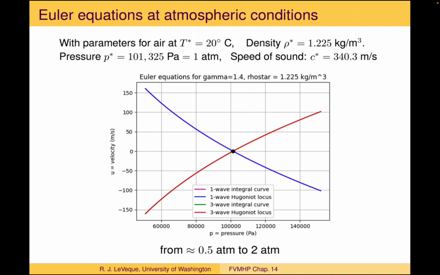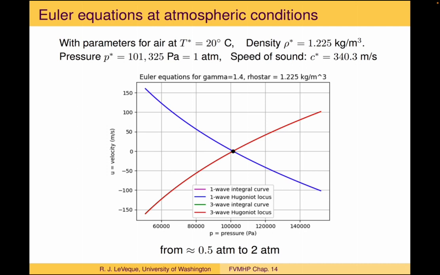So a standard atmosphere is where the temperature is at 20 degrees Celsius, the density is 1.225 kilograms per cubic meter, and the pressure is around 101,325 pascals, or about 101 kilopascals, which is defined as 1 atmosphere, another unit for pressure.